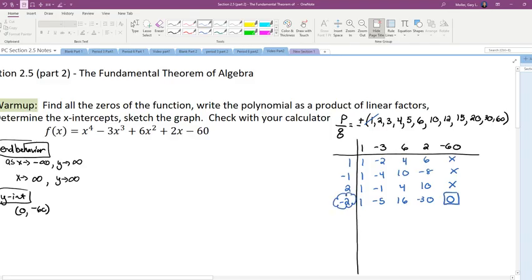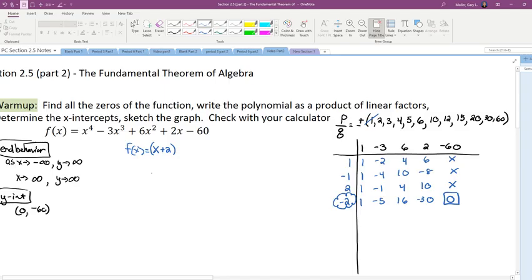So I found 2 important things right now. First thing I've found is I've started to factor my polynomial. Since -2 is a 0, x plus 2 is a factor.